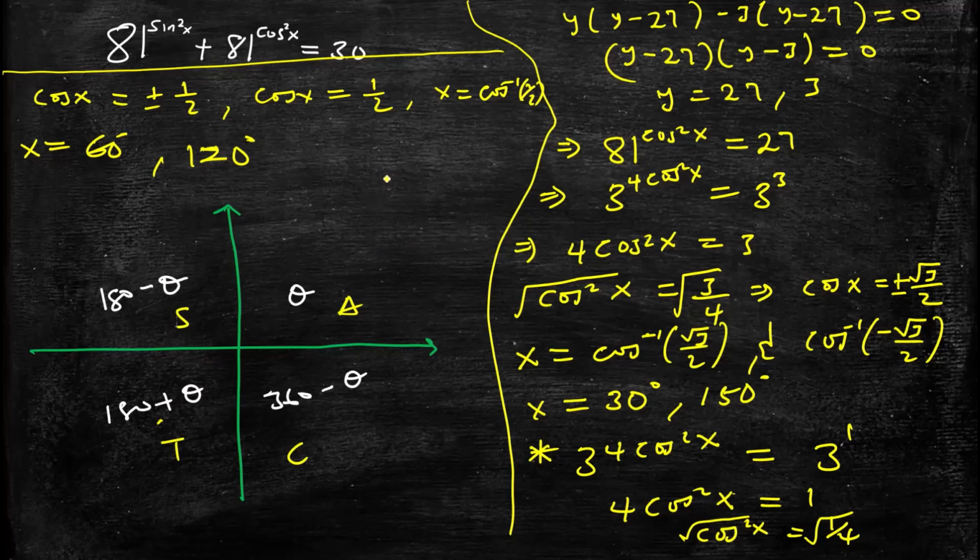Let's look at the first solutions, 30 and 150. Cos is positive in the fourth quadrant, so 30 will give us 330.